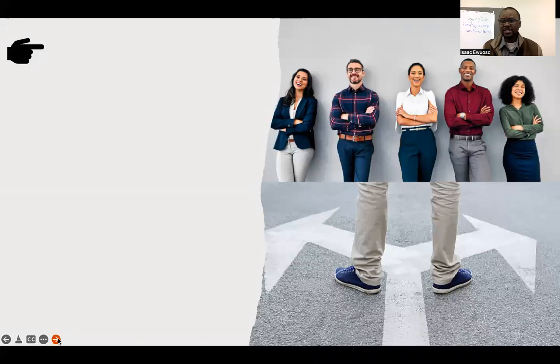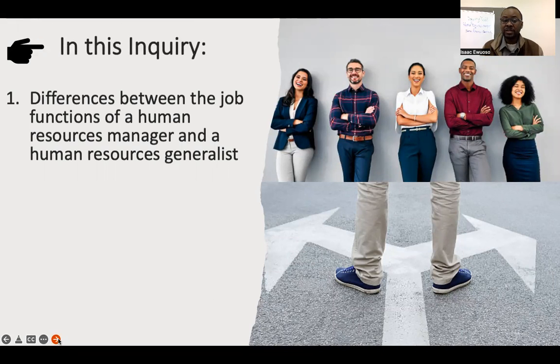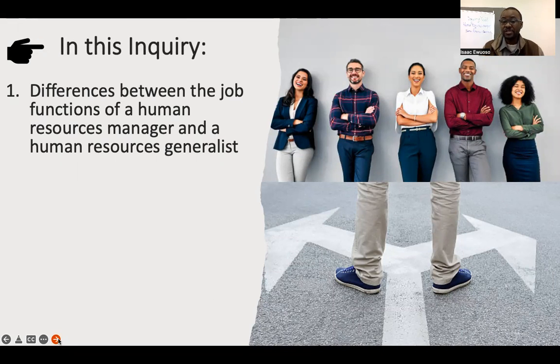Well, in this inquiry, we're going to look at three things. The first is we're going to examine the differences between the job functions of a human resources manager and a human resources generalist. Now, in this presentation, I'm going to use the term human resources generalist interchangeably with human resources specialist.